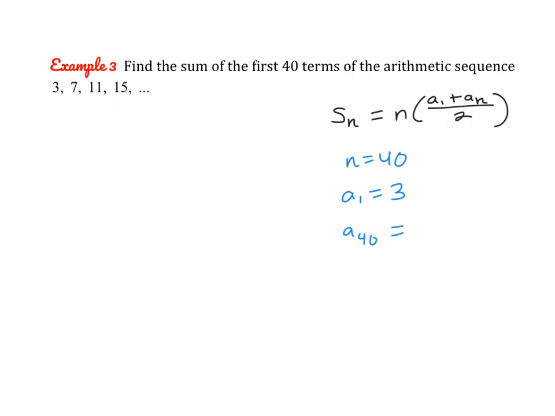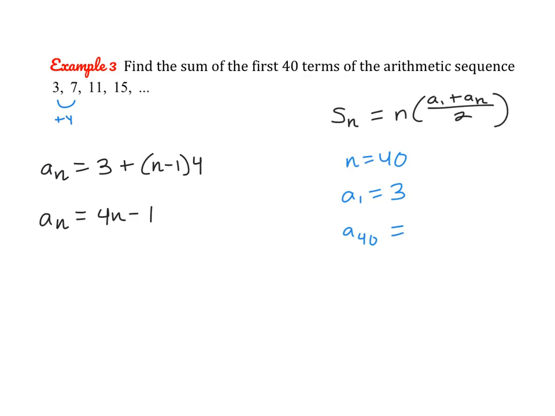And we can find that really quickly by creating our formula for this sequence and then plugging in to find the 40th term. So I can see here that we do have a common difference of 4. So we can say a sub n equals 3 plus n minus 1 times 4. So this would be our formula, and we can rewrite that as 4n minus 1.